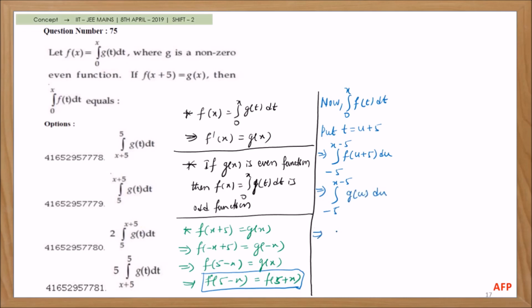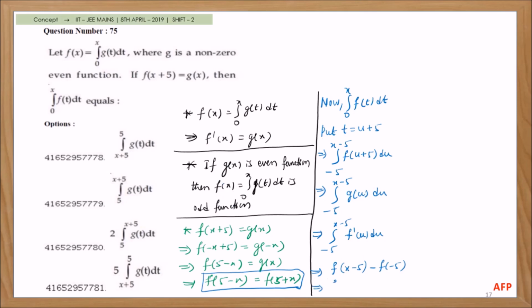So this implies the integral from minus 5 to x minus 5. What is g of u? g of x is f dash of x, so we can write f dash of u du. Applying integration, we get f of x minus 5 minus f of minus 5. As you all know, f of x is an odd function according to this property.